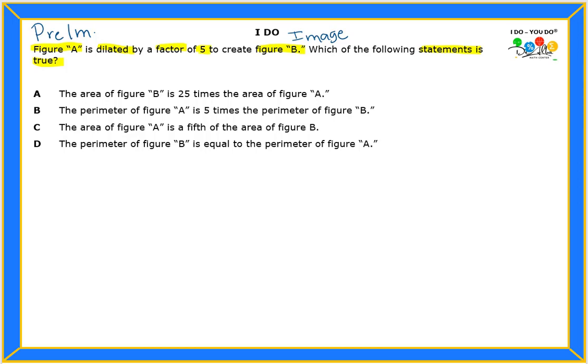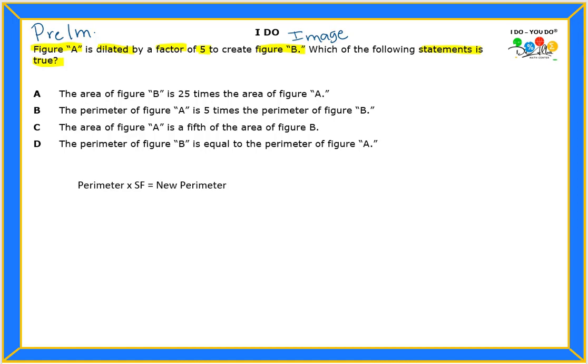So what do I know about the new figure? Well, the new figure for sure is going to get bigger. Now, since I don't have any measurements on the sides, we're going to have to go straight to the rules that we should memorize. And the first one talks about perimeter. That one says that if you know the perimeter of one figure, all you got to do is multiply by the scale factor, and that will give you the new perimeter.